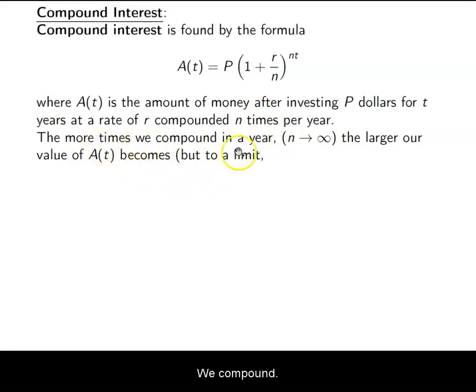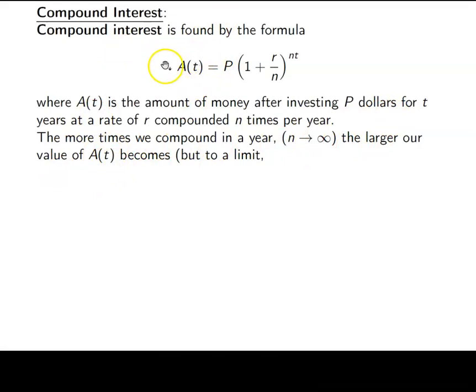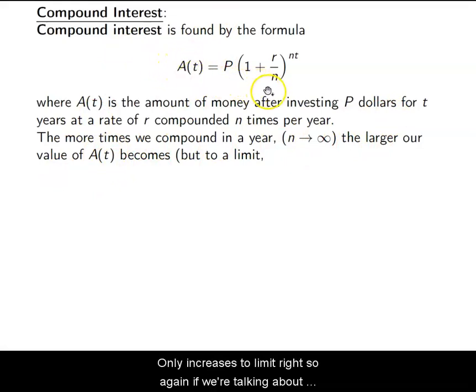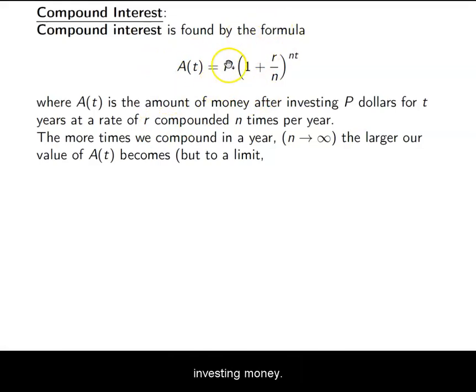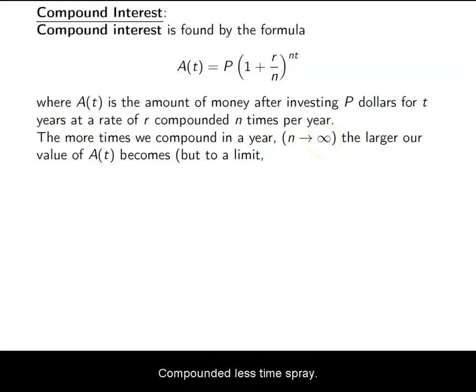Now, we compound either once up to an infinite number of times, but the value that we're going to earn only increases to a limit, right? So again, if we're talking about investing money, if I am investing in something that compounds very, very often, a very large number of times per year, I am going to receive more money than if I were to invest in a similar account that compounded less times per year.